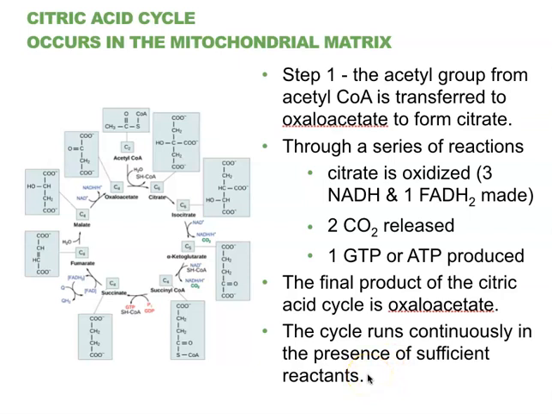And the way to think about this is, as long as you're breathing, as long as you're making acetyl-CoA, you're going to continue to make 3 molecules of NADH, 1 molecule of FADH2, 2 molecules of carbon dioxide, and either a GTP or an ATP.